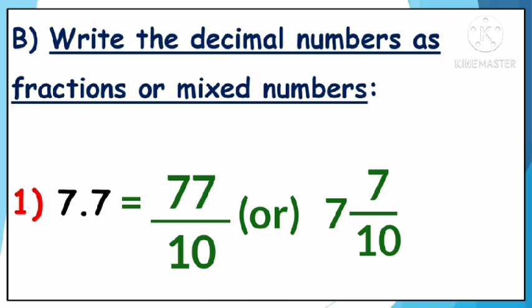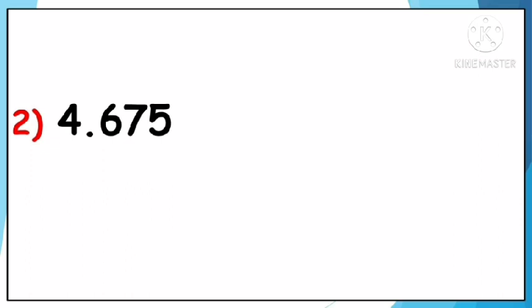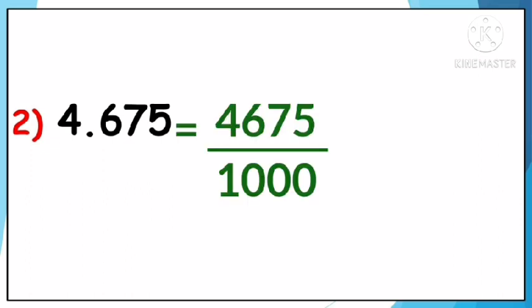Yes. Now comes the second decimal number, 4.675. This can be represented as a fraction 4675 by 1000. As you all remember, the number of zeros in the denominator should be equal to the number of decimal places.